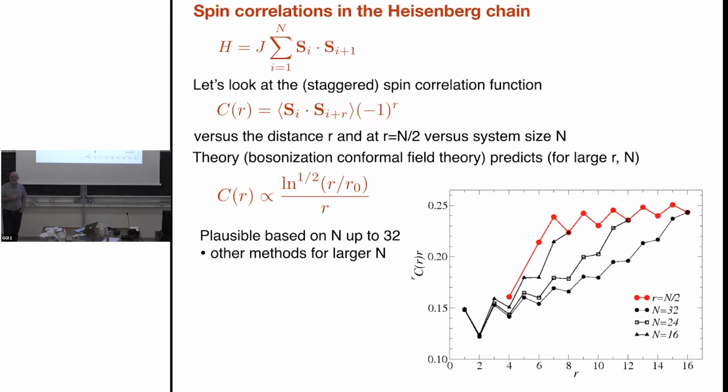Is the coupling J2 over J1 marginal here? Well, you can say that the coupling J2 over J1 drives the strength of a marginal operator, right? So somehow you're starting at SU(2) level 1, and then you end up back at SU(2) level 1. Yeah, because the whole phase is described by that.